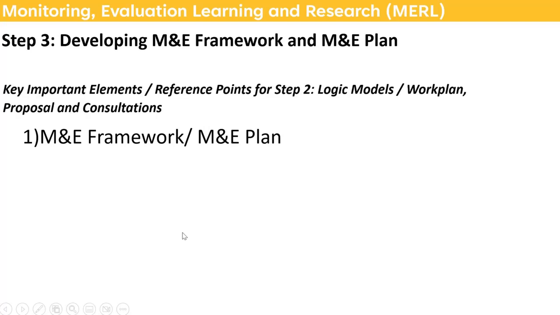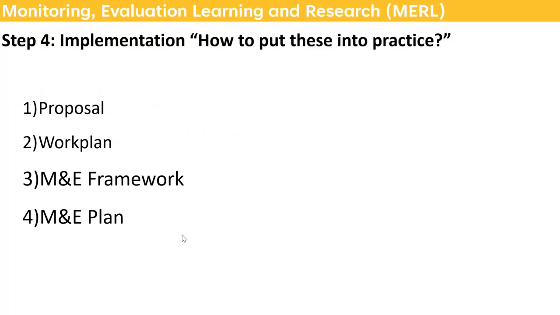This is developed after the proposal because in the proposal you decide about the activities, the targets, etc. And once all these documents are prepared, after that you can develop the M&E framework and the M&E plan. And then comes step 4, which is the implementation, how to put these into practice. So these key documents, the proposal, work plan, M&E framework and M&E plan, you will have to put into practice. So we will be discussing this stage also.